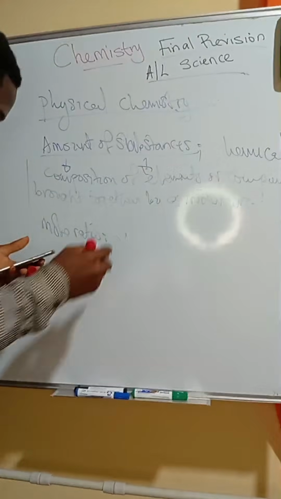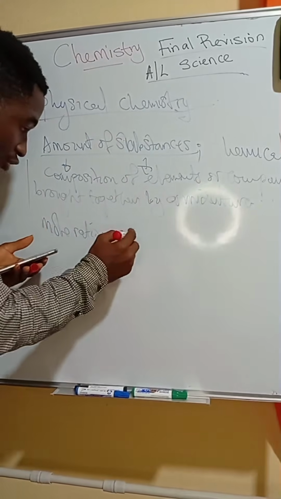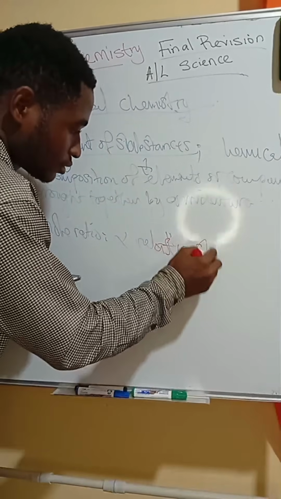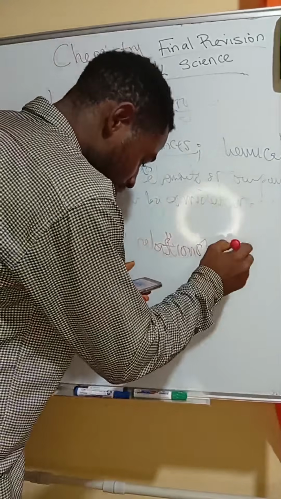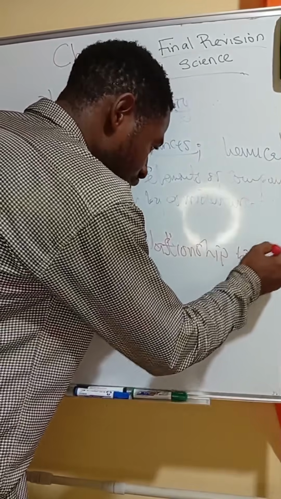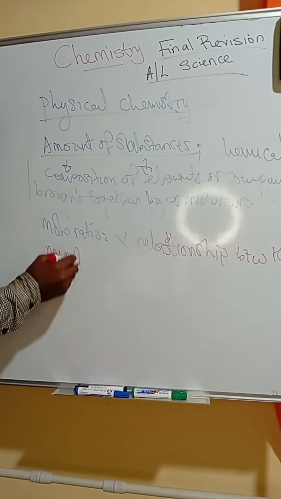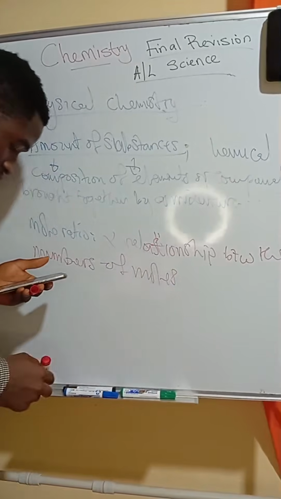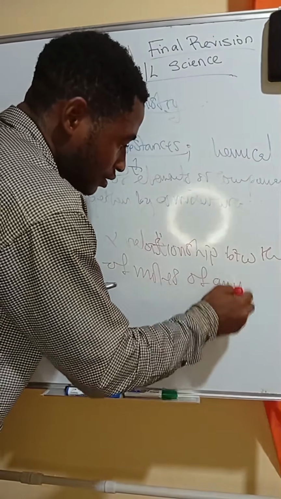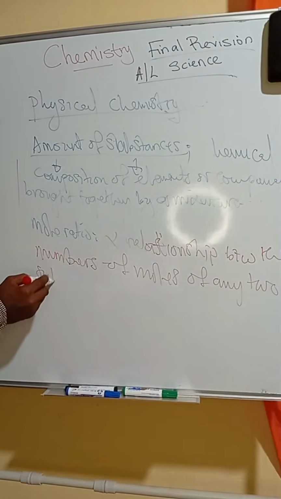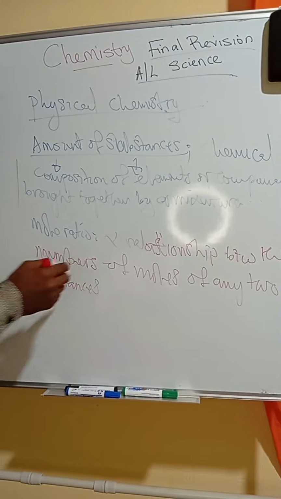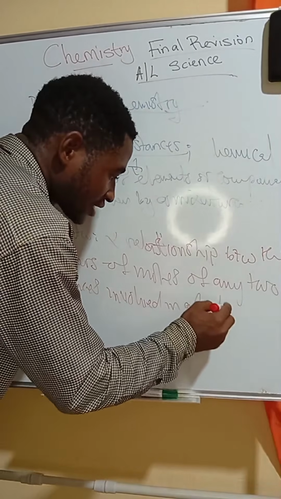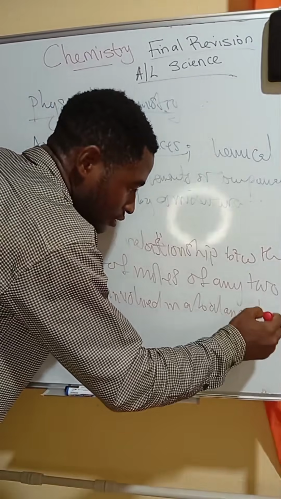The proportional relationship between the number of moles of any two substances involved in a balanced equation.